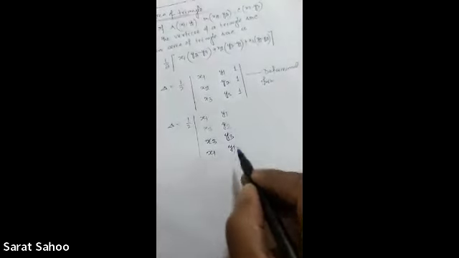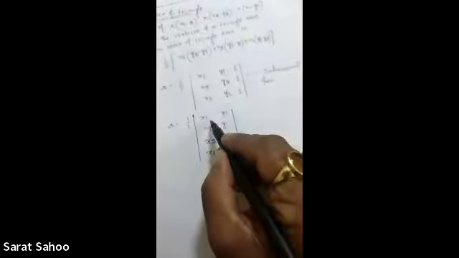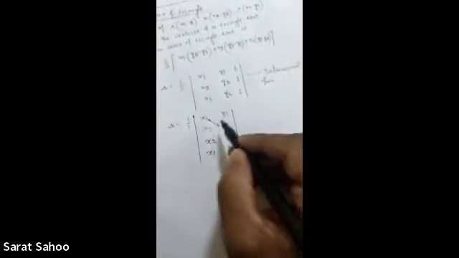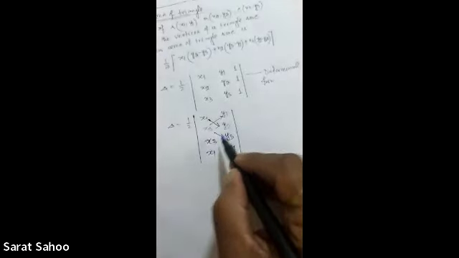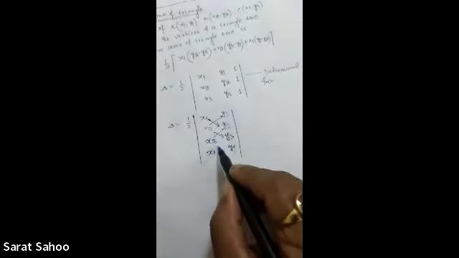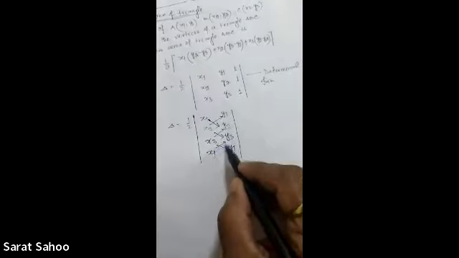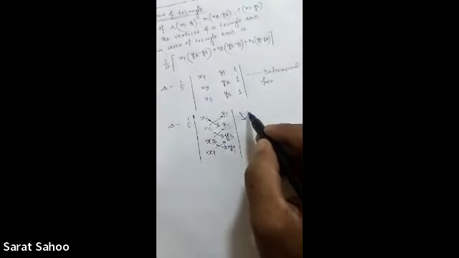Again, X1, Y1. The value will be equal to X1, Y2 minus X2, Y1, X2, Y3 minus X3, Y2, X3, Y1 minus X1, Y3. So downward arrow positive, upward arrow negative.